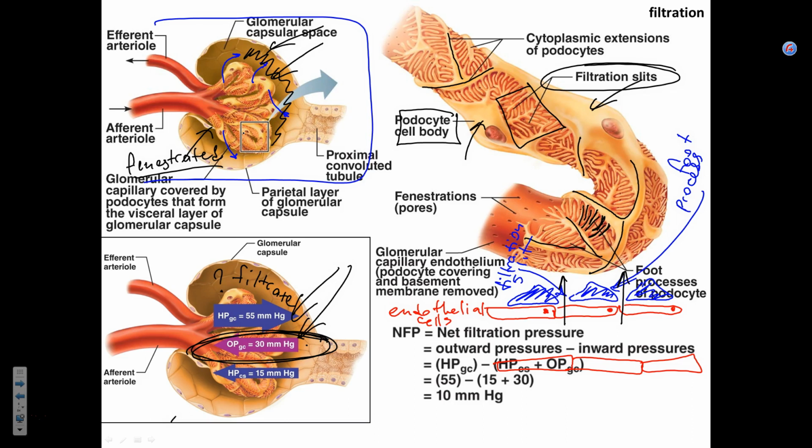Does that make sense? What if proteins suddenly appear in the filtrate right here? There's going to be osmotic pressure that will drive fluid where? Out from capillaries into the capsule. Does that make sense? Water will follow proteins.